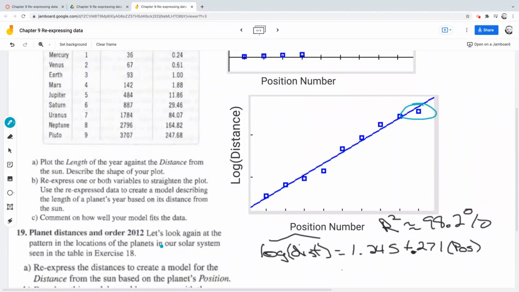So we can make a prediction, right? So let's do that. Let's use the model and make the prediction.